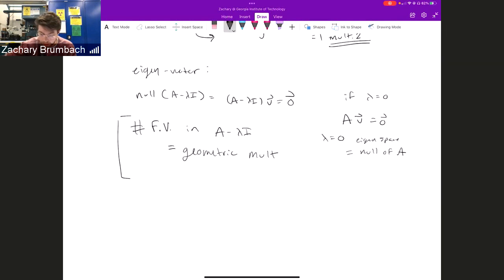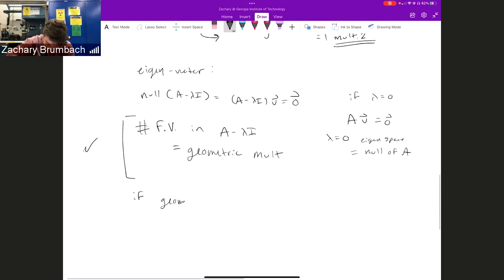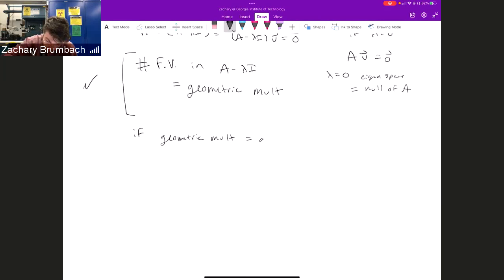So this is the check: if the geometric multiplicity equals the algebraic multiplicity for all lambda, then A is diagonalizable.